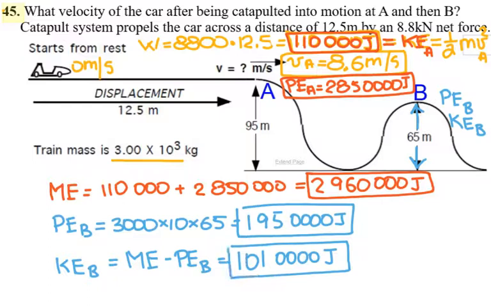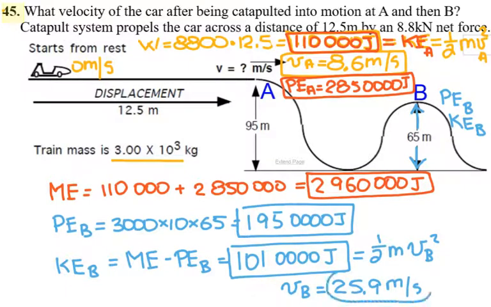And now that is equal to 1/2 mass times v at B squared. So the velocity at B will be equal to 25.9 meters per second.